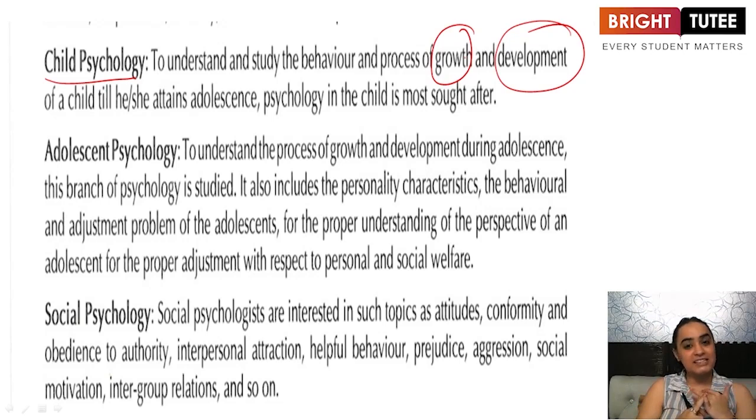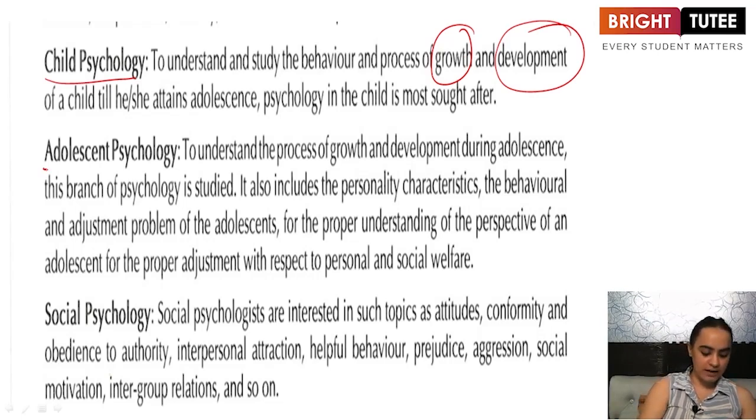The increase in height and weight is a part of growth, something we can measure. On the other hand, development is behavioral in nature, and affects how we behave. So from childhood till adolescence, all the changes that take place physically as well as behaviorally, a child psychologist is going to study those changes.